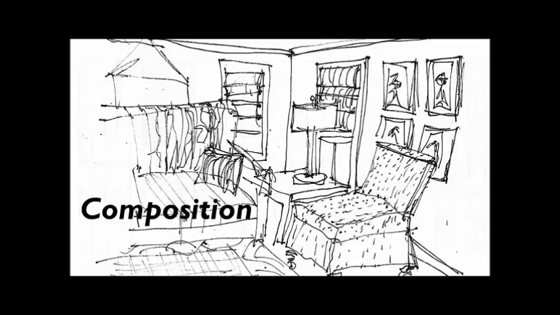So anytime you're choosing to place certain things in a view or on a representation, you're composing what it is that you want the viewer to see. So composition is important in terms of controlling the views and controlling what the user is experiencing or thinking about or seeing when you're showing that 2D representation.